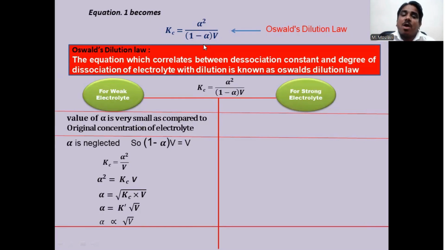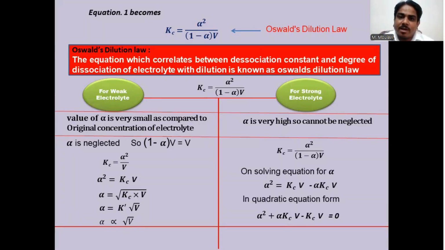So the factor 1 minus alpha into V is equal to V. Putting this value, the dissociation constant becomes Kc is equal to alpha square divided by V, so alpha square is Kc into V. Therefore, alpha is equal to the square root of Kc into V. Alpha is equal to K dash into square root of V. So finally, we get the degree of dissociation is directly proportional to the square root of dilution.